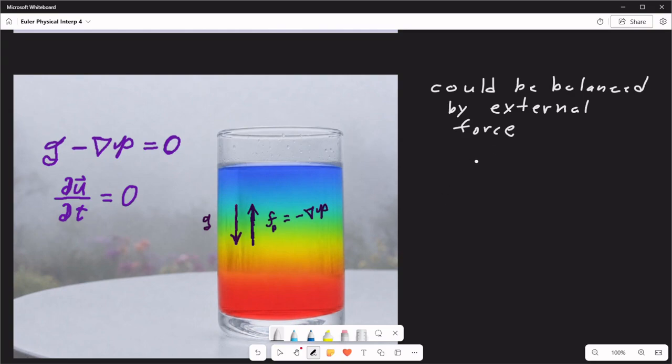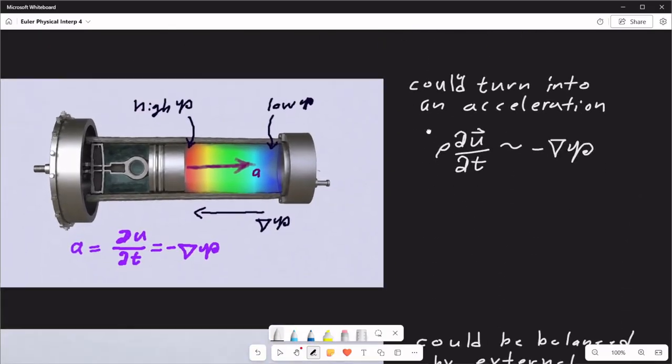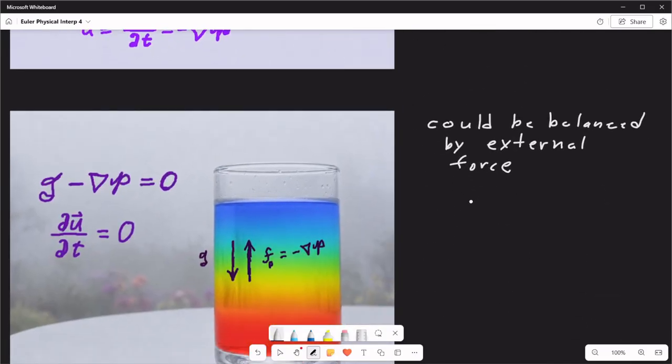So that's basically this equation: rho g equals the negative gradient of pressure. Or actually, equals the gradient of pressure.